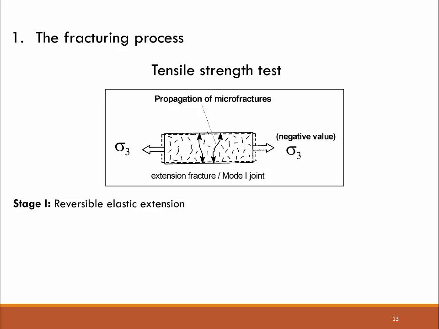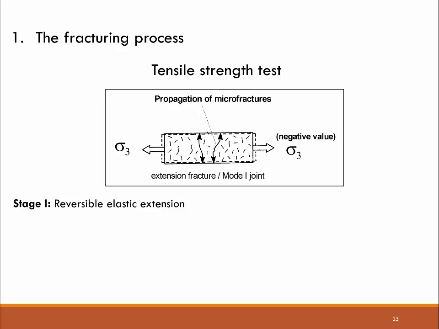There are two important types of test: the tensile strength test and the compressive strength test. What we have seen so far were examples showing results of the compressive strength test. The tensile strength test is also very often carried out because it's important, particularly for civil engineering purposes.